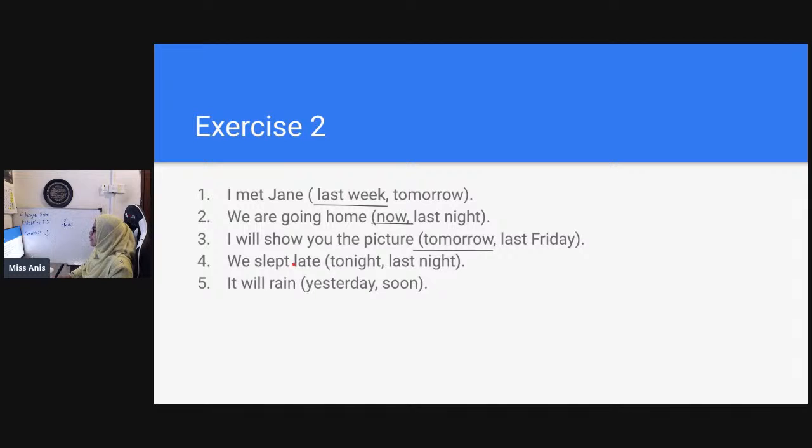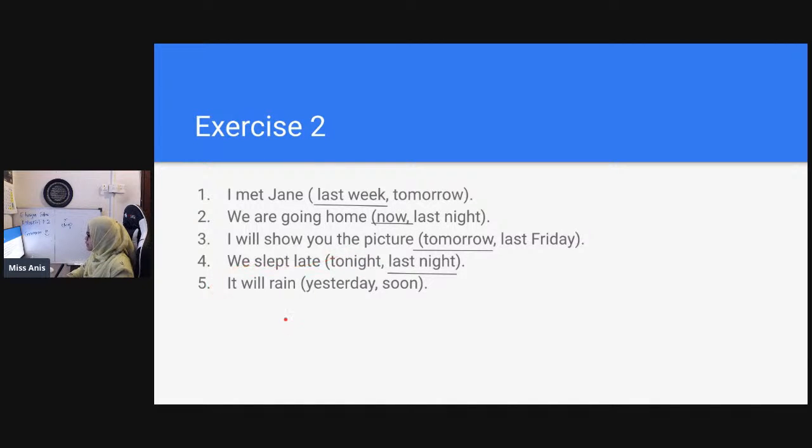So, your answer needs to be in past. So, tonight dengan last night. So, confirm lah, last night is your answer. Okay, so we slept late last night. Kami tidur lambat semalam. Okay, kalau tonight we sleep tonight. We will sleep late tonight. Okay, so tonight ni actually lebih kurang dah macam nak cakap future juga. So kena hati-hati lah how you use it in your sentence.